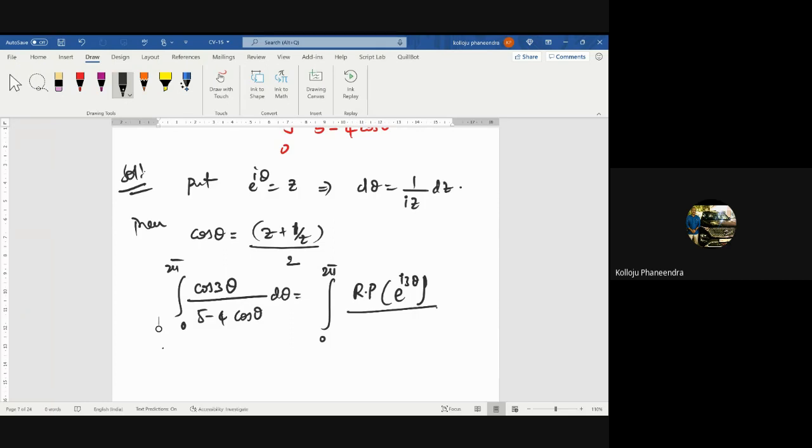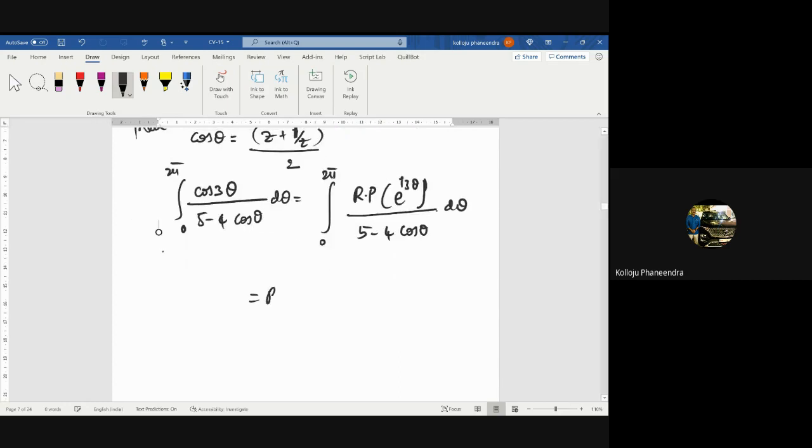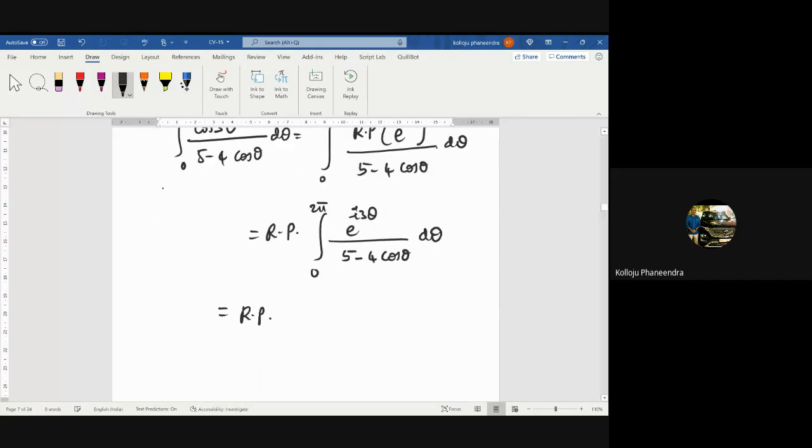In that, I am selecting only cos 3 theta, that means the real part, by 5 minus 4 cosine theta d theta. Now this entire problem is nothing but the real part of integral 0 to 2 pi e power i 3 theta by 5 minus 4 cosine theta d theta.